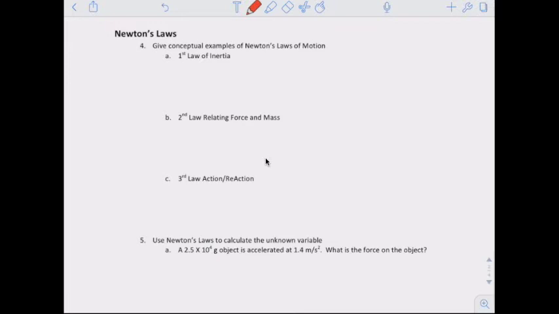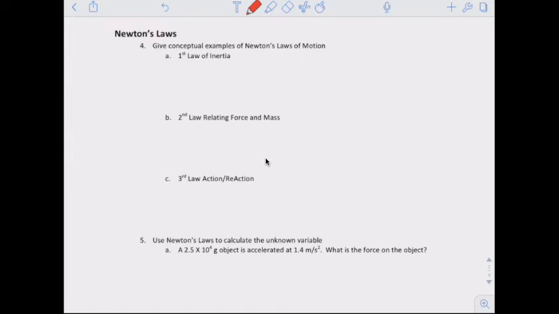And then you can think of an object at rest, so just a large rock sitting there. It wants to stay at rest, it won't move. The second is just relating force and mass. So force is proportional to mass and acceleration. When something accelerates, we know that a force has to be applied to it.